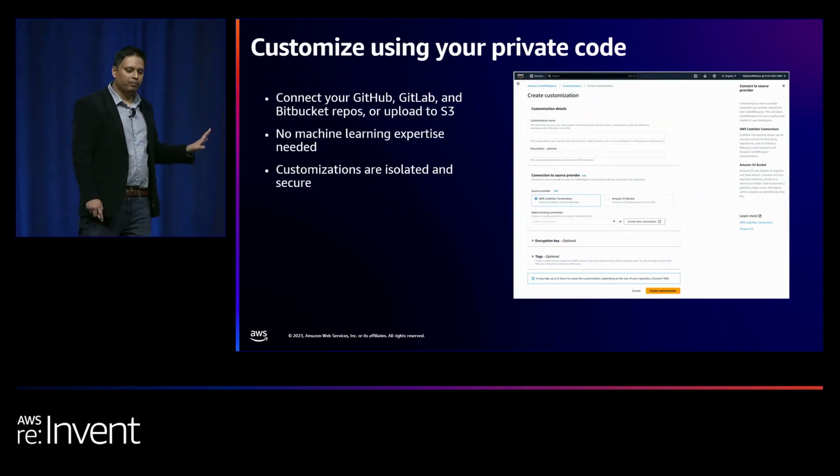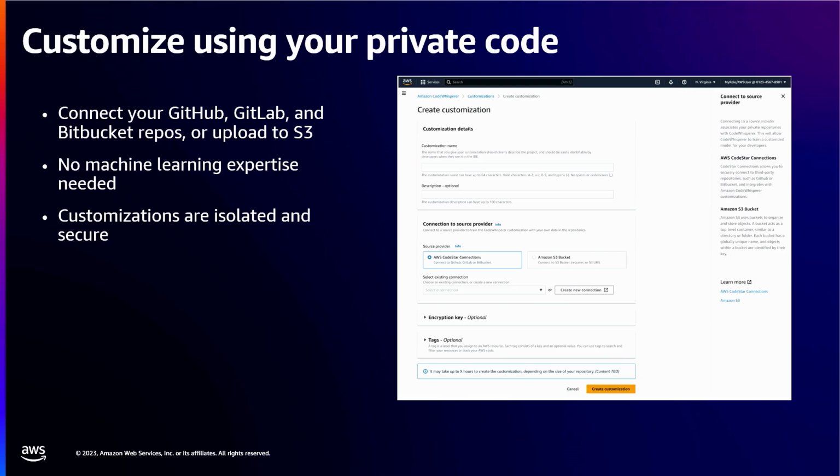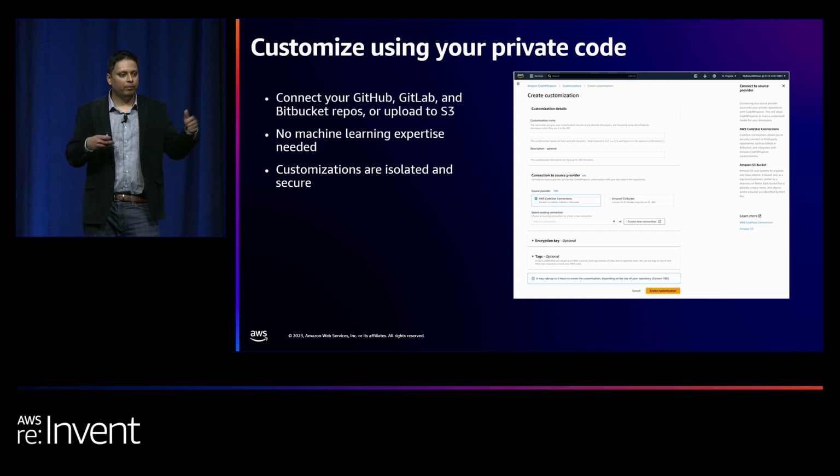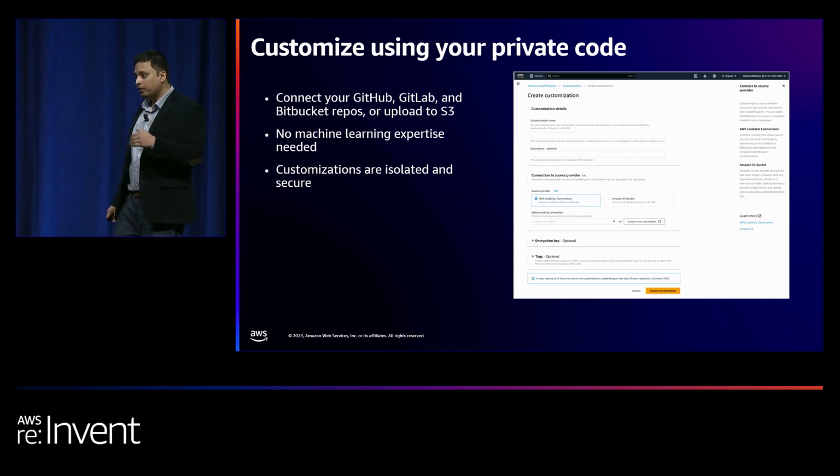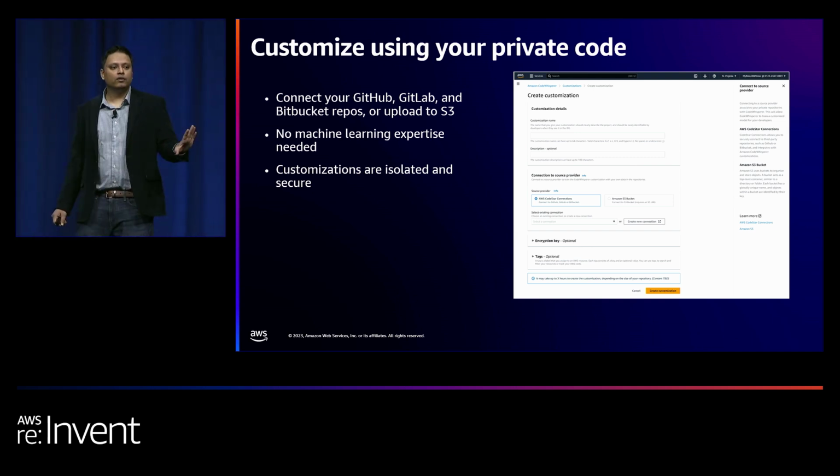Now, this is a simple example where we're showing you the UI for the admin, right? So you say create customization, you pick your GitHub repos or GitLab repos, or you can upload the code to S3 and simply click the create customization button, right? So it's a single click process. You don't have to be a machine learning expert. And the customizations are fully isolated from the base model.